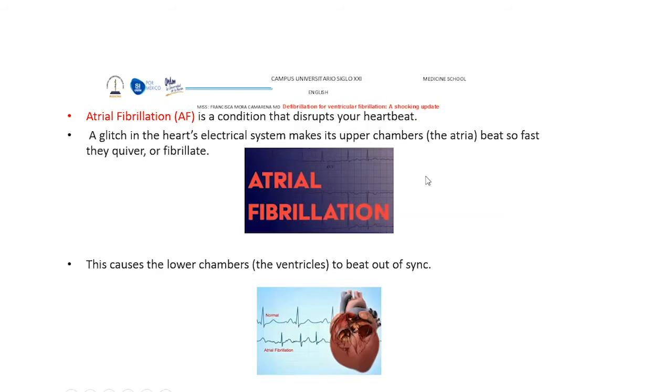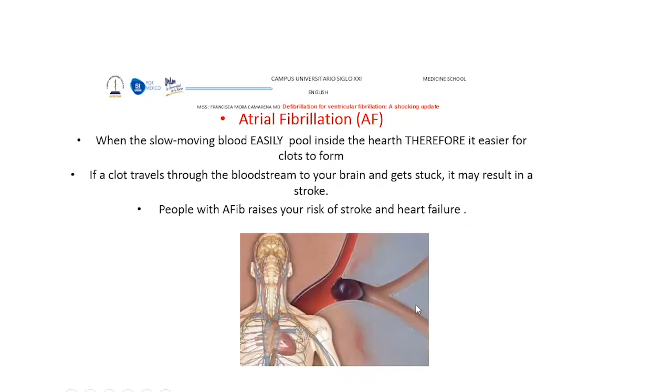If there's any glitch in the heart's electrical system, then it will make the upper chambers, meaning the atria, beat faster, or they can even shake or fibrillate. Of course, if the atrial rhythm is lost, then the lower chambers, meaning the ventricles, will beat without any synchrony.